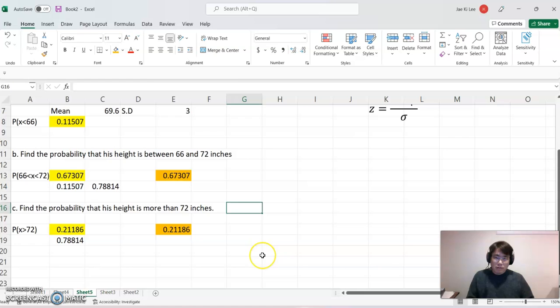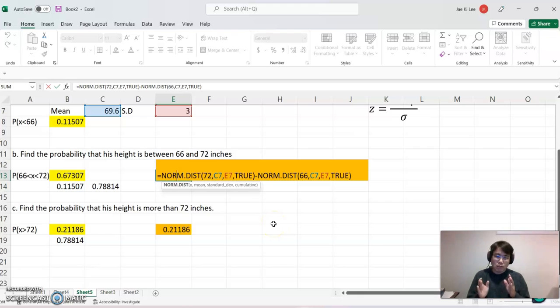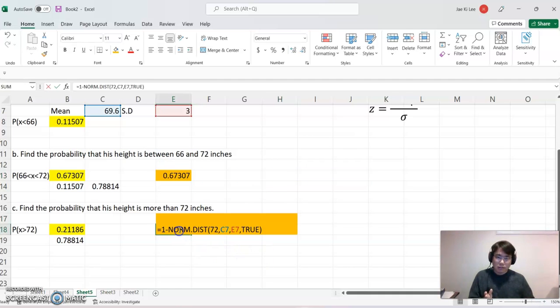Again, in the yellow highlighted case, we find the left-hand side area first, and then we adjust the answer based on the situation. In the orange case, we're using an algebraic approach: one normal distribution command minus the other, or just one minus a normal distribution formula.